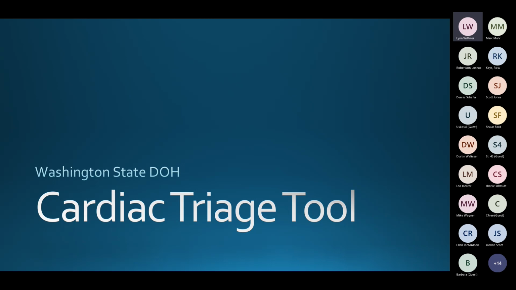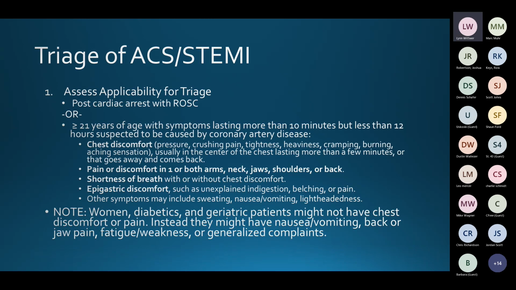But both hospitals can take acute coronary syndrome patients with some caveats. Triage for acute coronary syndrome or STEMI is a three-step process, and this is directly from the DOH website.